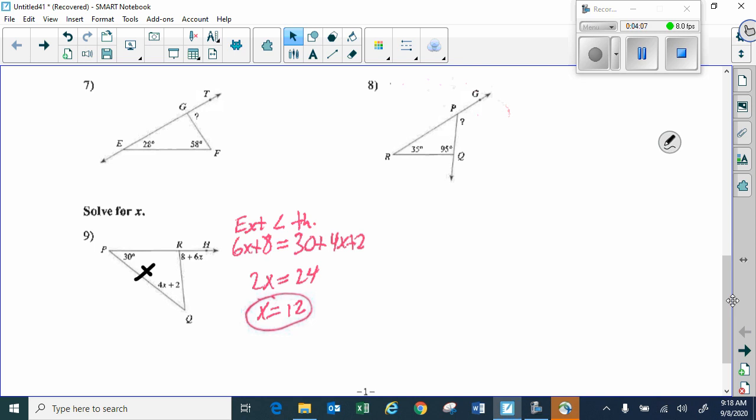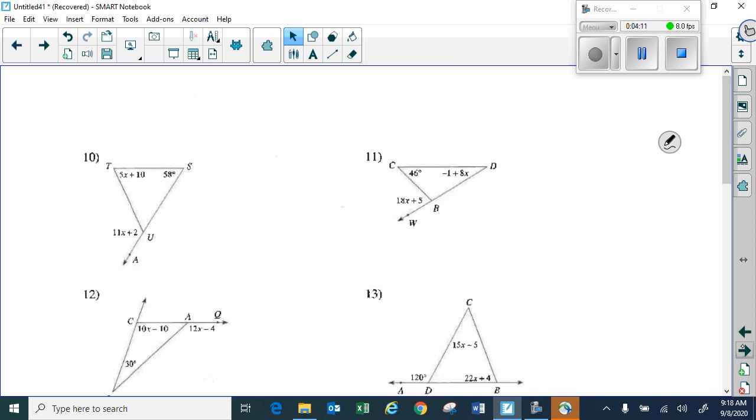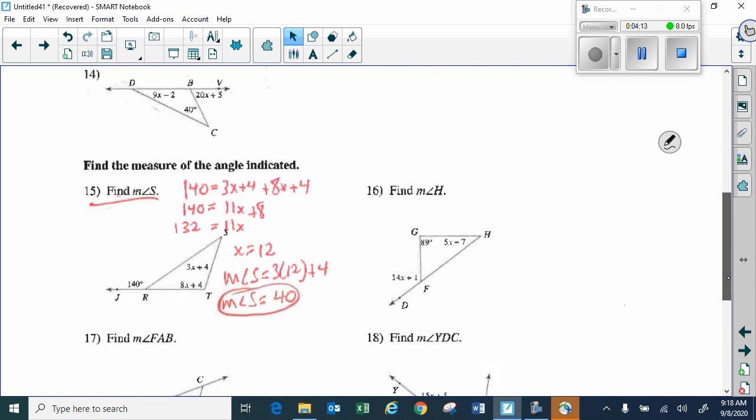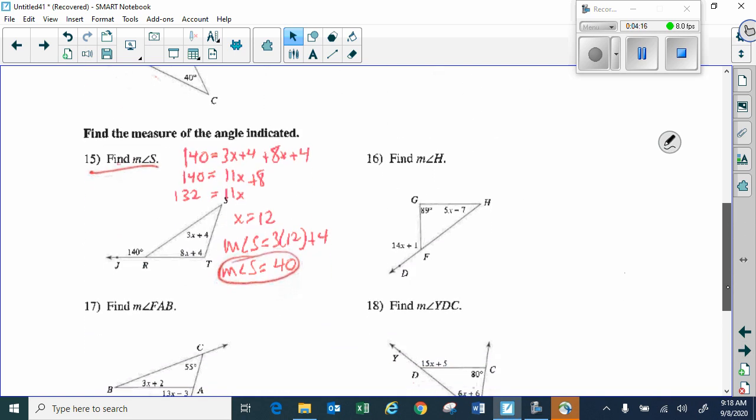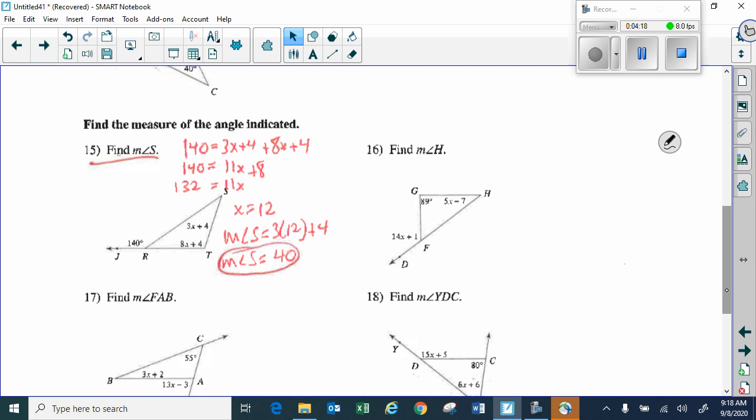Okay, so now we'll go to one more example on the back page. All right, number 15 here. On this one, it says find the measure of angle S. So we're not done once you find X itself, we need to find the measure of angle S. Again, exterior angle, 140 equals the sum of the two remote interior angles.